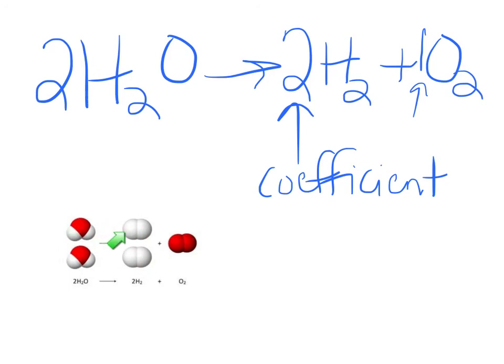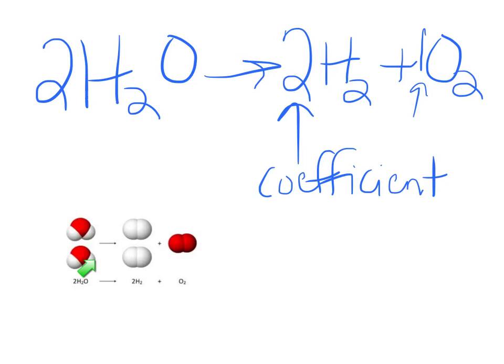So this water molecule can give us both of these hydrogens here, but we only get 1 oxygen molecule. So in order to get 2 oxygens, the O2, we need 2 water molecules. This one and this one are going to give us this oxygen, and that's why we need 2 water molecules, and then we get 2 hydrogens. So again, 1 from this molecule, and 1 from this molecule.